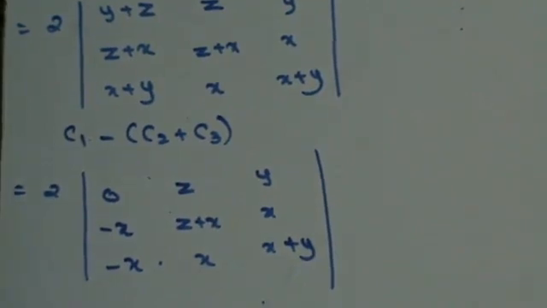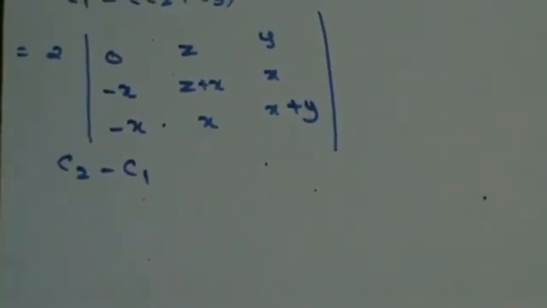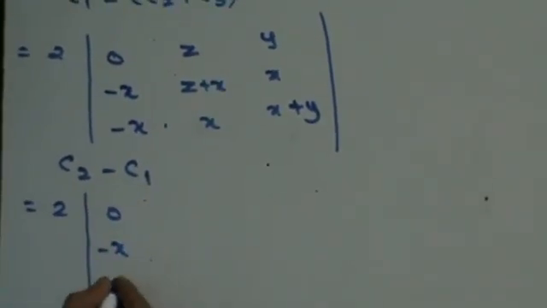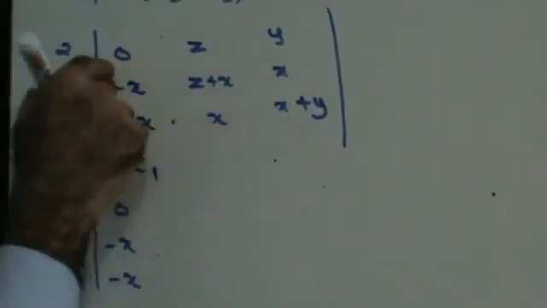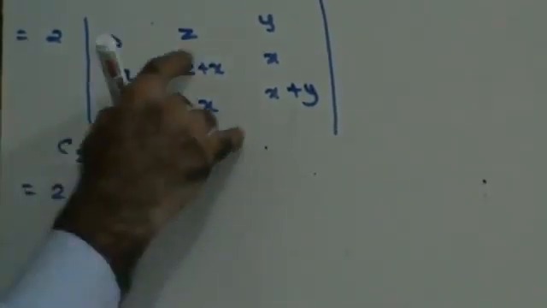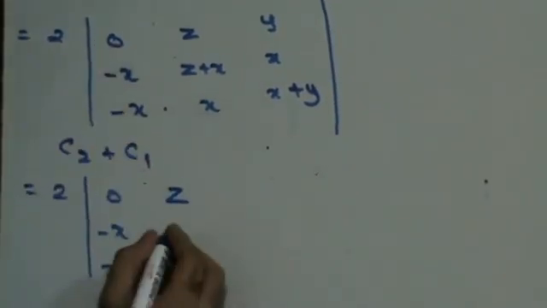Right? Now, once I have this, let's try to get other rows also with similar numbers. Suppose I do C2 minus C1. So this will be 2, 0, minus X, Z minus 0 is Z. C2 plus C1, let me do: Z plus 0 is Z, Z plus X minus X will give you Z, X minus X, 0.